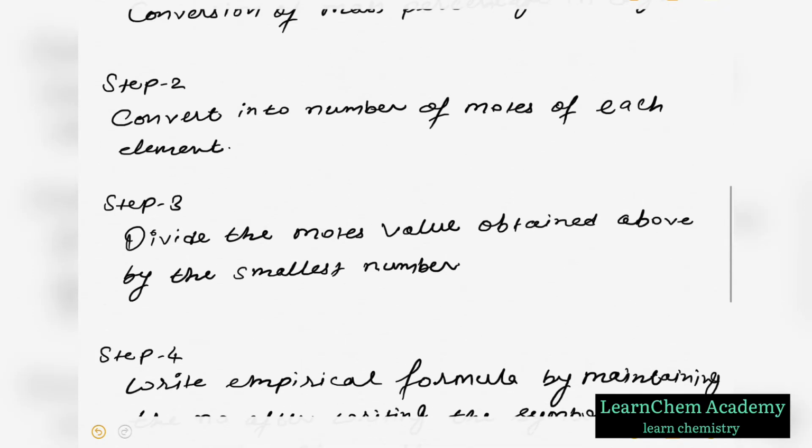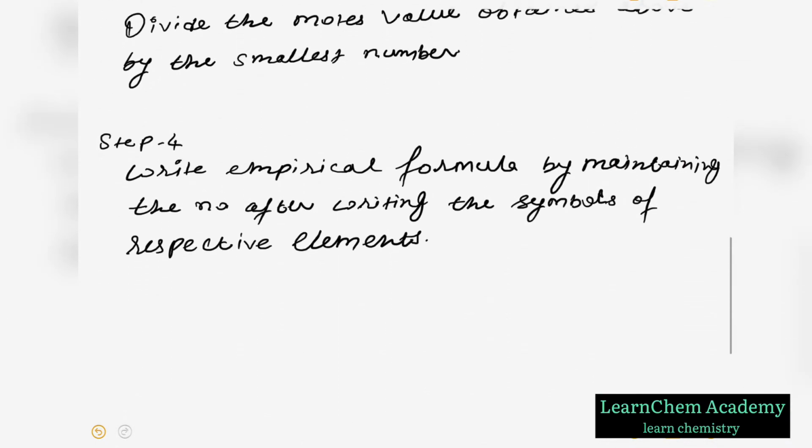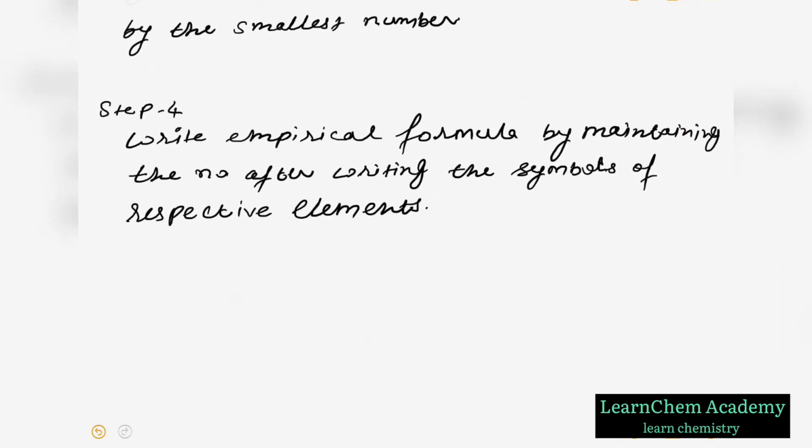So these are the 4 steps by which we can write the empirical formula of any compound.